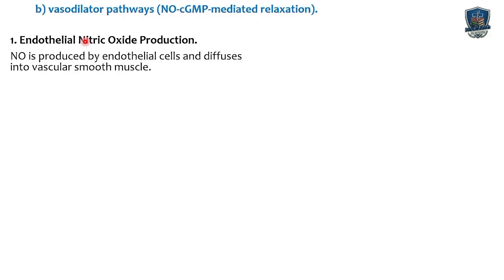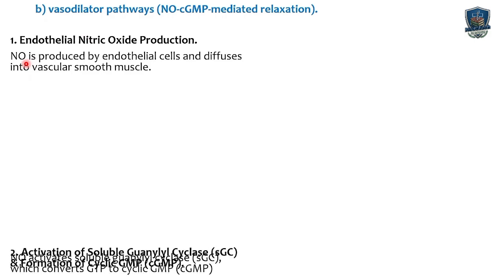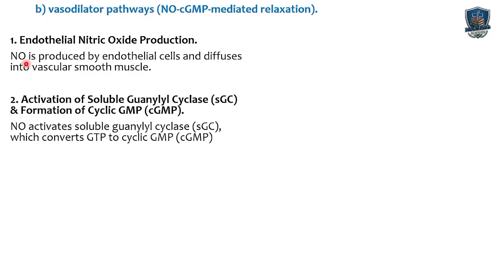Once we have our nitric oxide, it activates soluble guanylyl cyclase, the sGC. When sGC is activated, it will convert GTP, guanine triphosphate, to cyclic GMP, the cyclic guanine monophosphate.